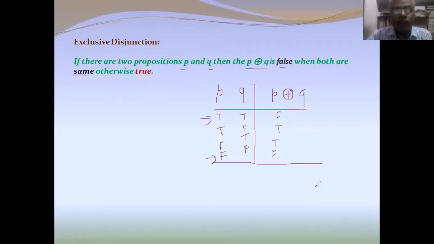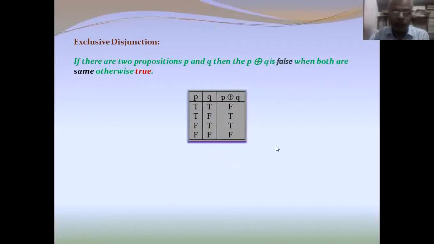TT false, TF true, FT true, FF false. P and Q are the same in the first row and the last, so it is false by definition, and in all other cases they are different, so it is true. That is shown in this table.